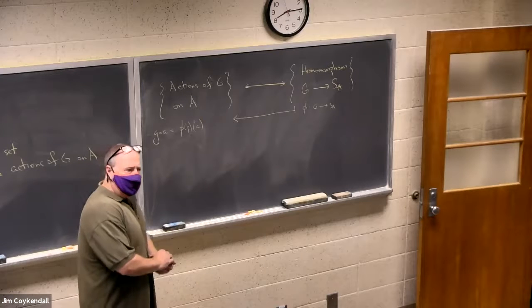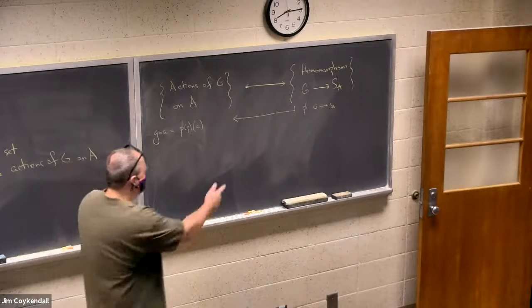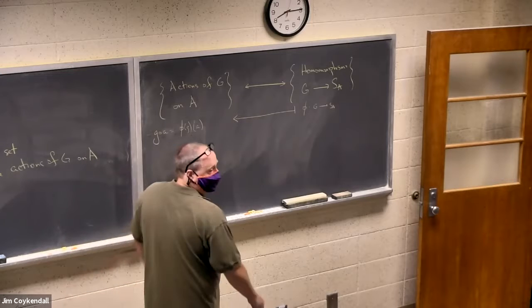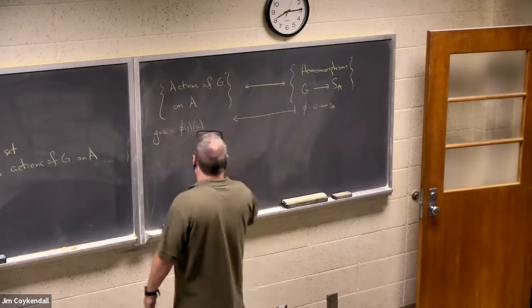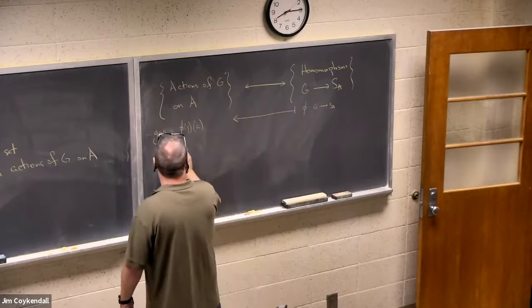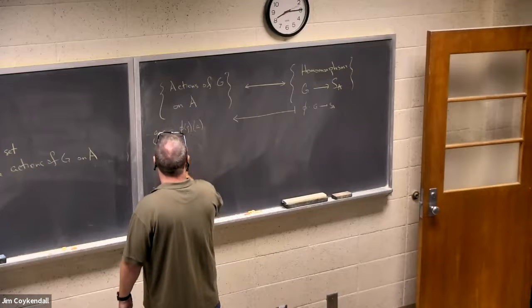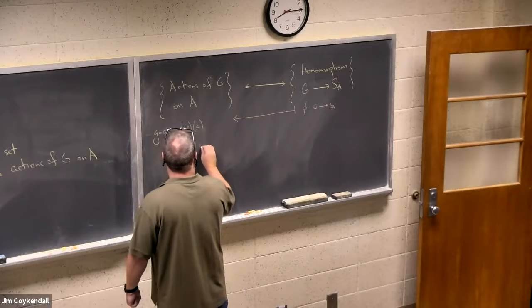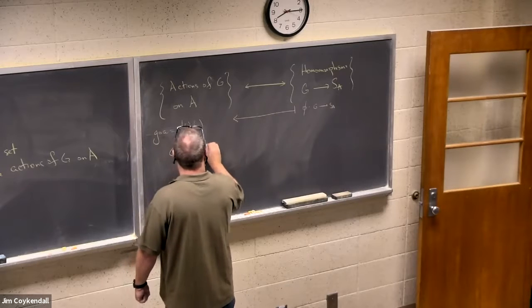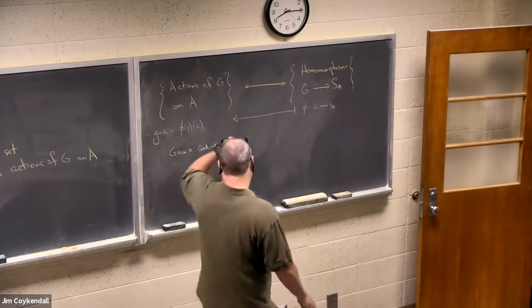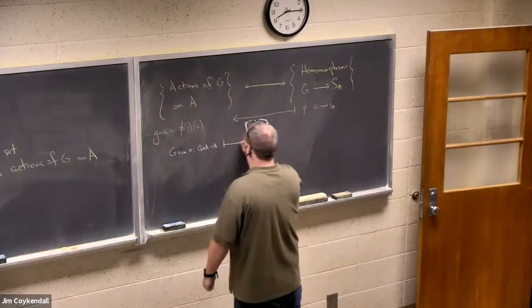And how do you suppose it works the other way? Although I'm just going to do it this way and show that it's one-to-one and onto. What's the sort of inverse now, right? So given an action, G cross A into A, how do you suppose you can make a homomorphism?